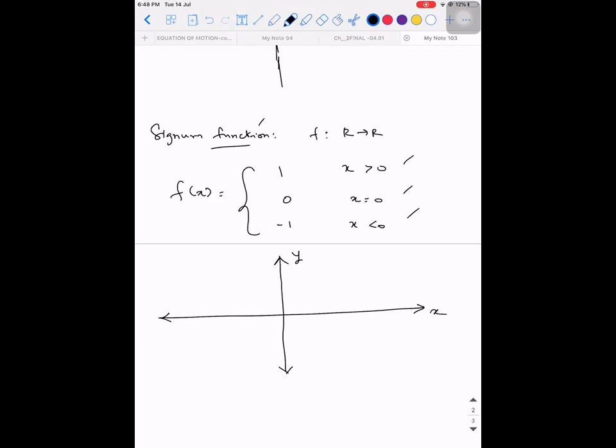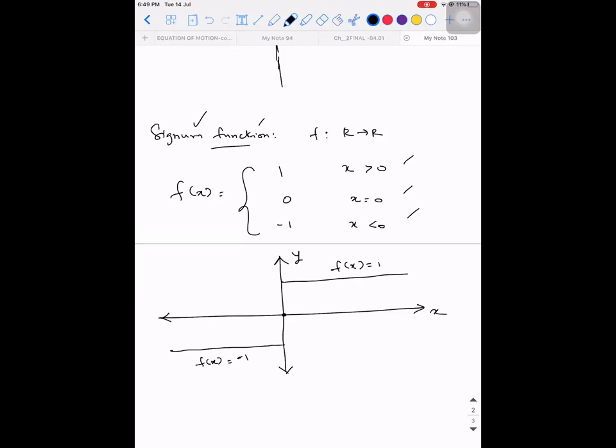As I told you in the previous class, a constant function is always parallel to the x-axis, at a distance of 1 unit. This is the graph for f of x equal to 1. This is x equal to 0. When the value of x is less than 0, f of x is equal to minus 1, so it will go like this. This will be the graph for the signum function.